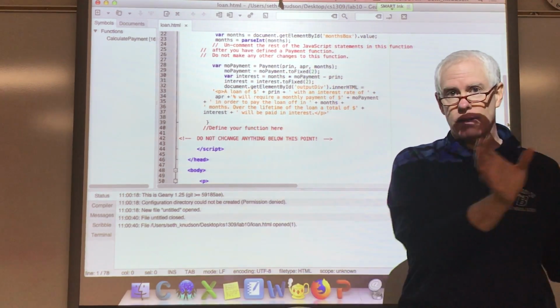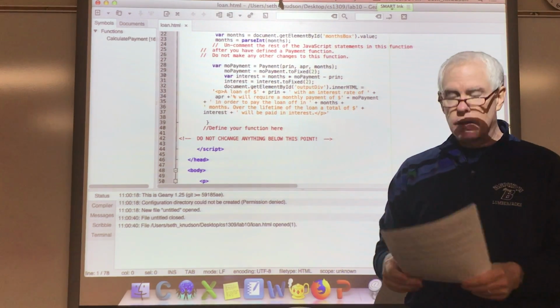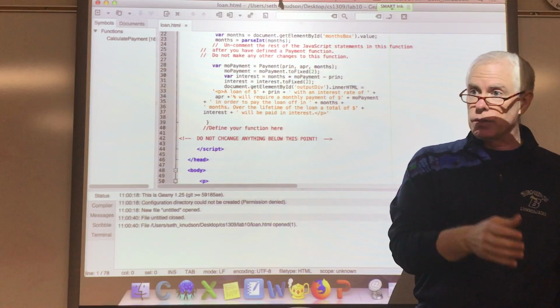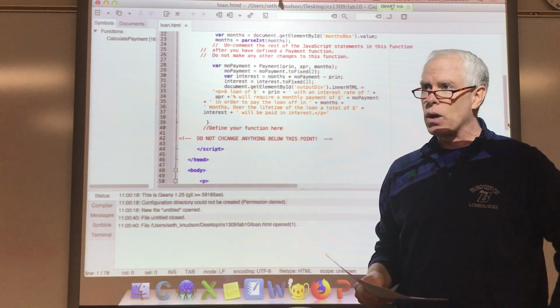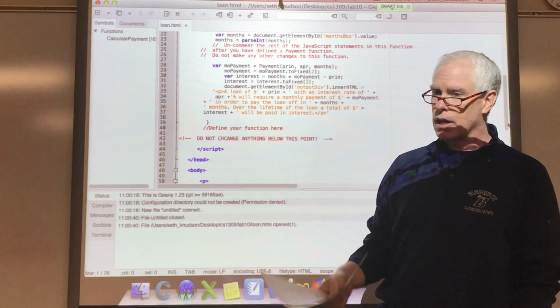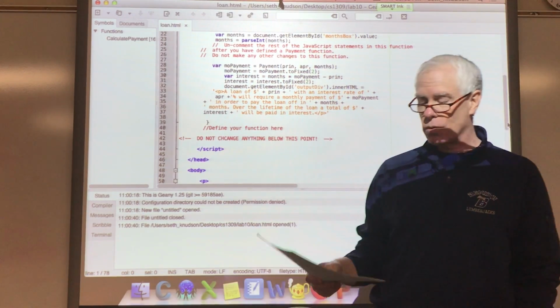Var denominator equals, and I calculated the denominator. And then var monthlyPayment equals the numerator divided by the denominator, okay? And you're going to want to test a couple of these with your calculator, make sure the numbers are working out, and then run it a couple times to make sure it works, okay?